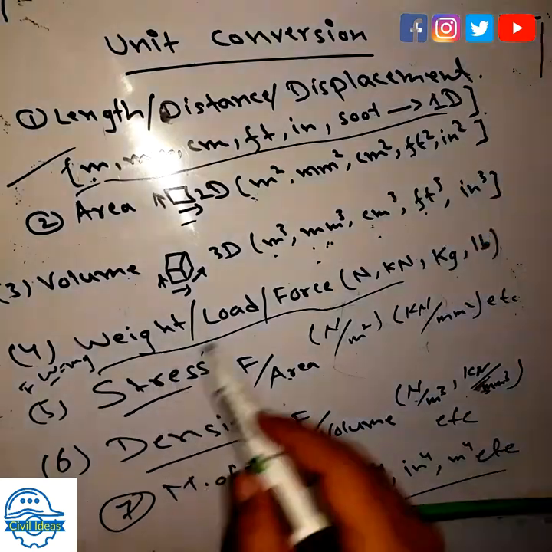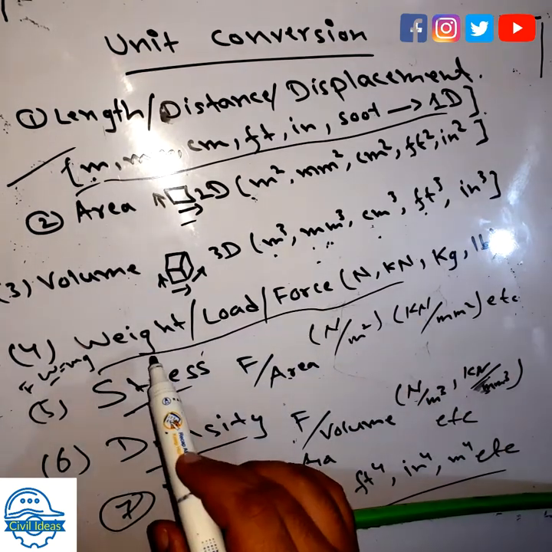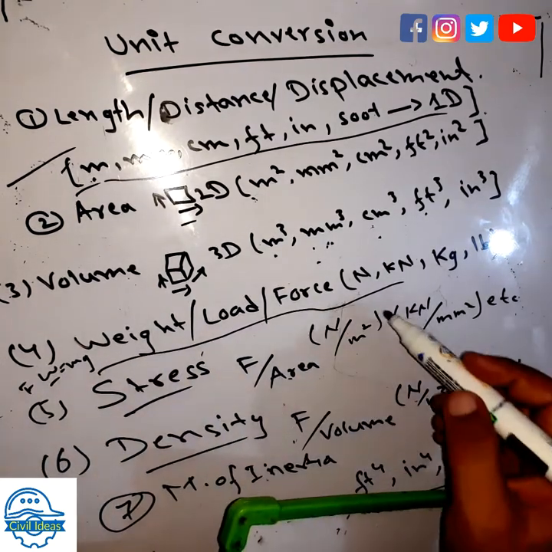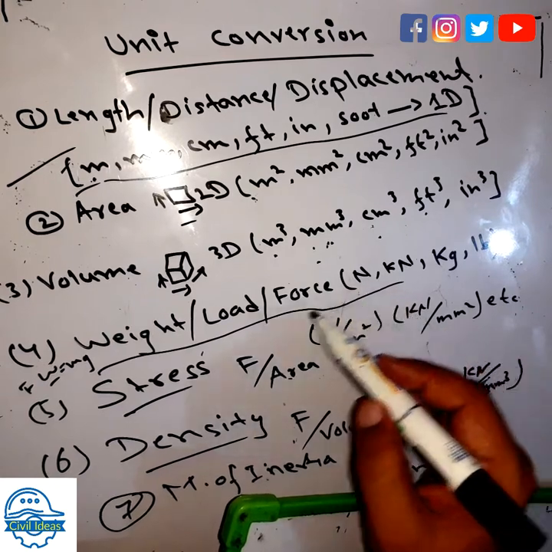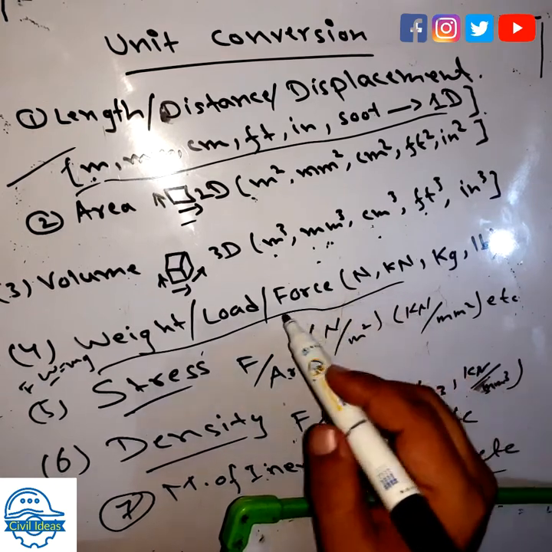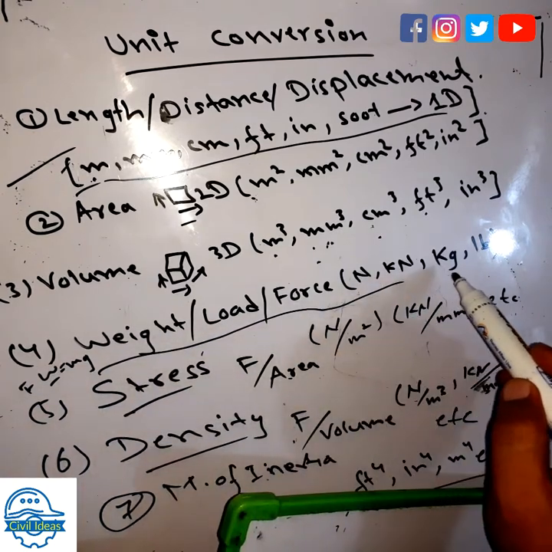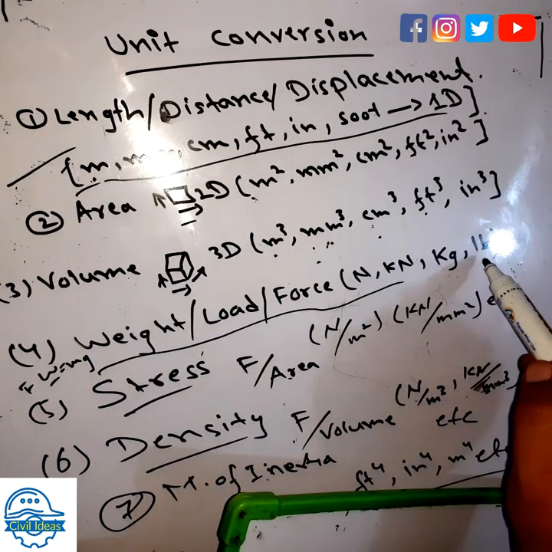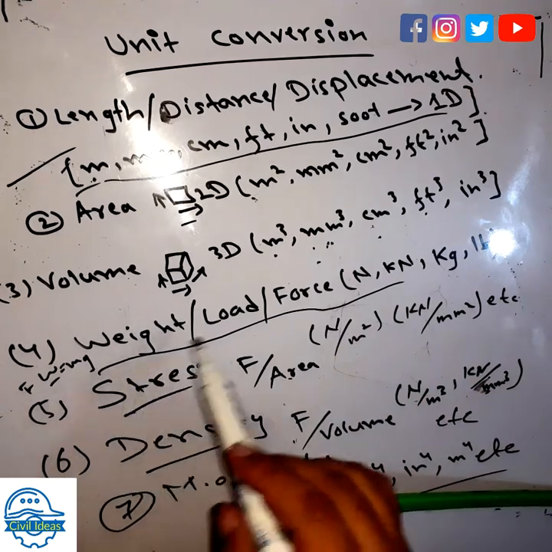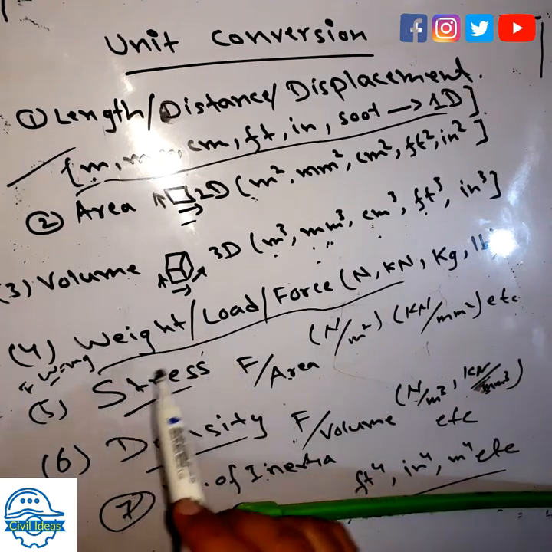So this is a force, or maybe a weight or load. We normally represent this quantity in Newton, kilonewton, kg, and pound, okay? So these are about weight, load, force.